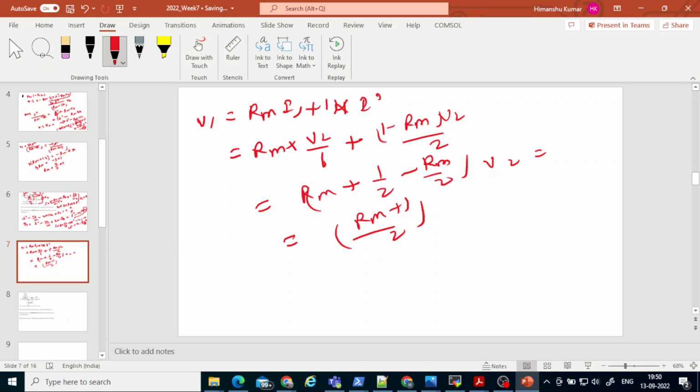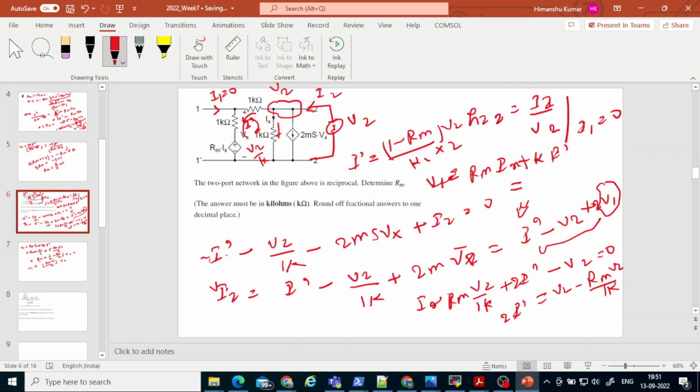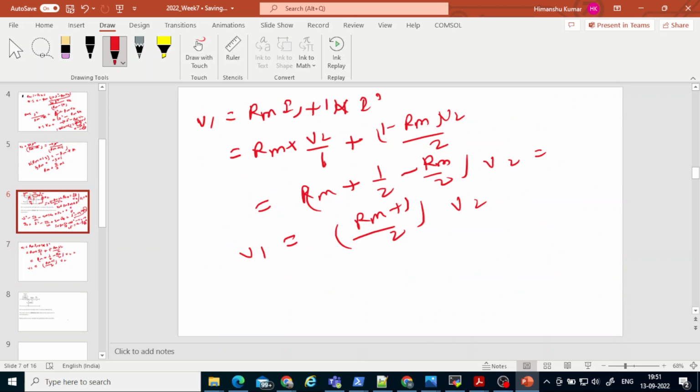So V1 will be equal to Rm plus 1 by 2 times V2. Now we have calculated V1, so now we can calculate I2.